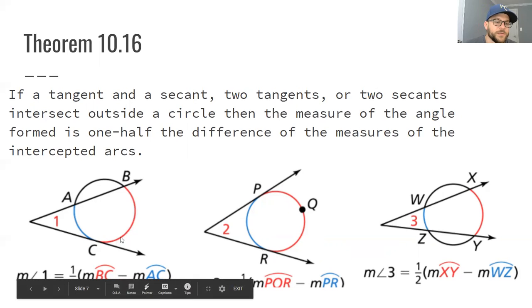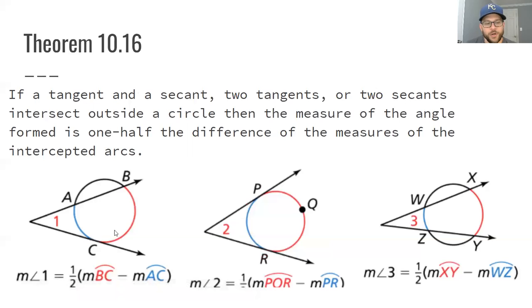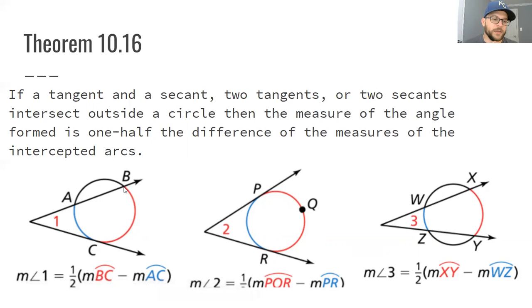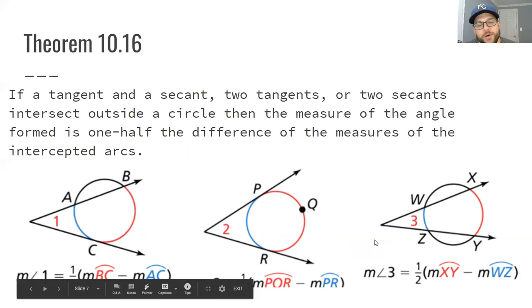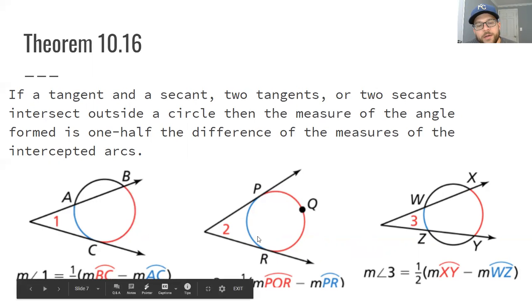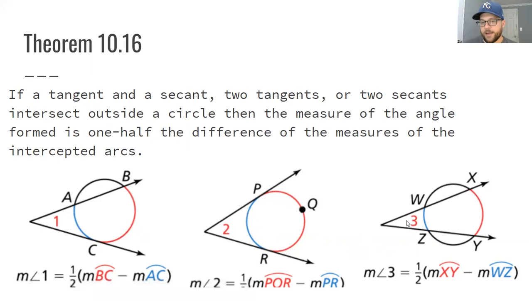So notice how BC is first and then AC, because you're going towards the point of intersection. So this angle 1 is meeting on the outside of this circle. You take the measure of arc BC minus the arc of AC, and then cut it in half to get your angle 1. Same thing right here. Take arc PQR, subtract arc PR, cut it in half, and you get your angle 2. Arc XY minus arc WZ, cut it in half, gets your angle 3.